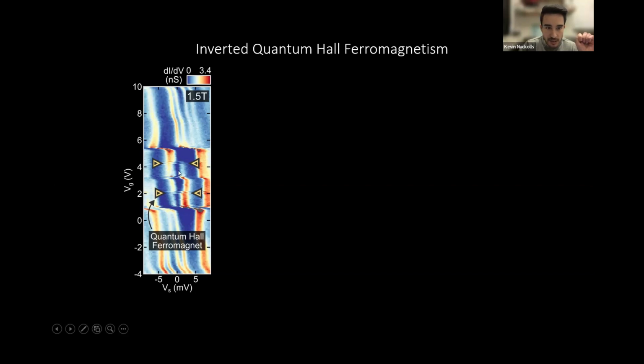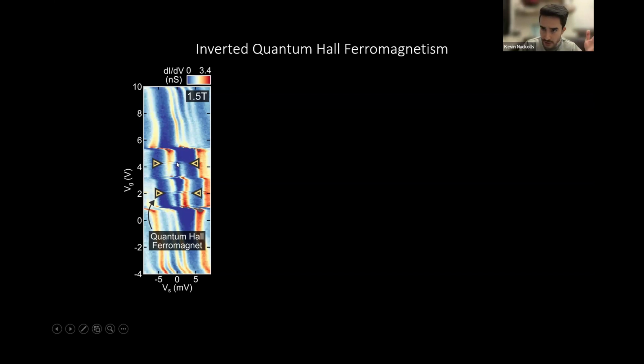You can see it's not due to the tip because spectroscopy doesn't have this exchange feature in other Hofstadter bands. So near this low density limit, we see this exchange gap. And then there are additional splittings of the Hofstadter bands around Landau level filling factors +2 and -2 due to quantum Hall ferromagnetism. These are isospin symmetry broken gaps that occur due to correlation effects within the zeroth Landau level.